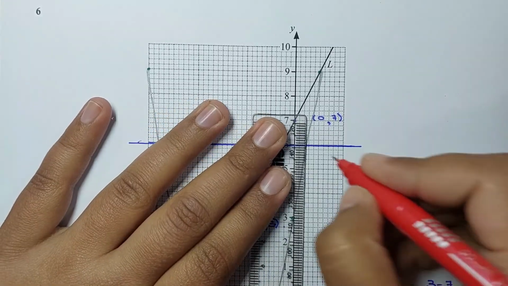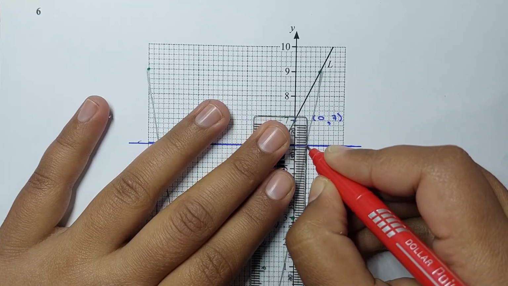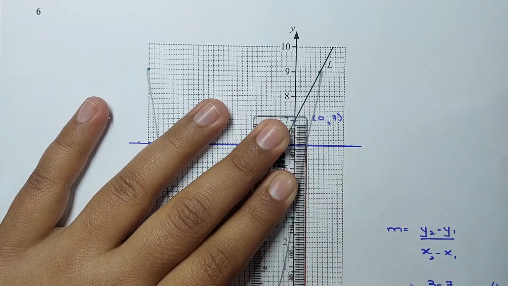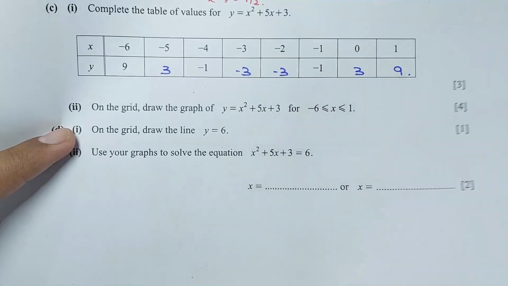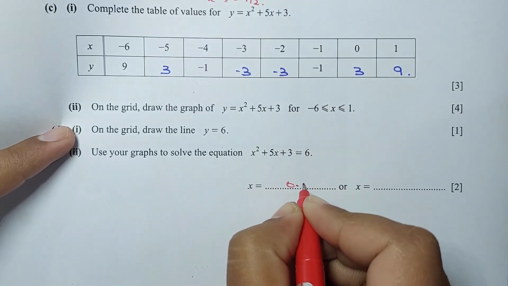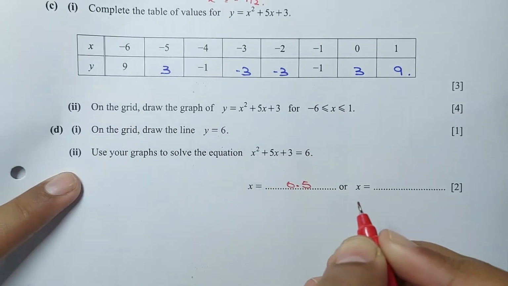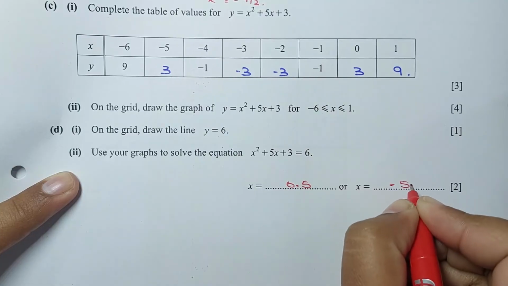And at this point, this point is (0.5, 6), right. So we have the two solutions, which are 0.5 and negative 5.6.